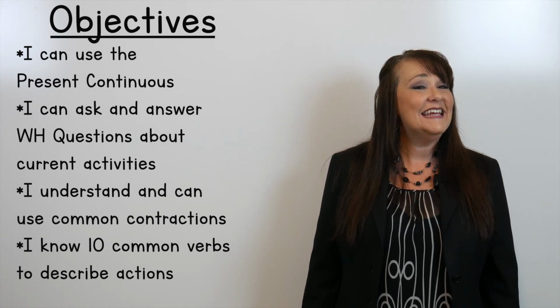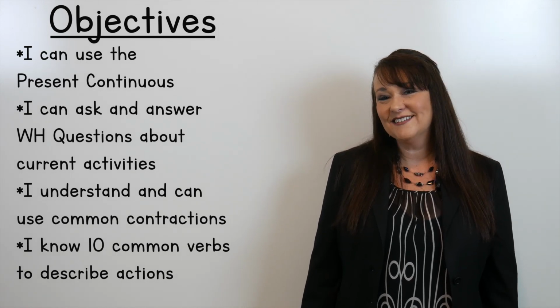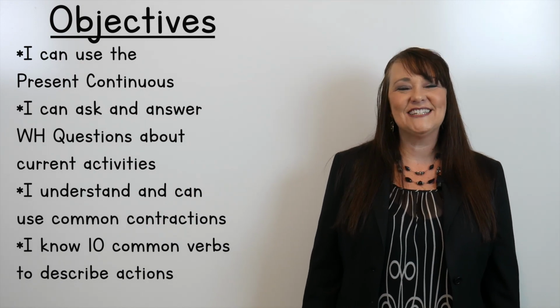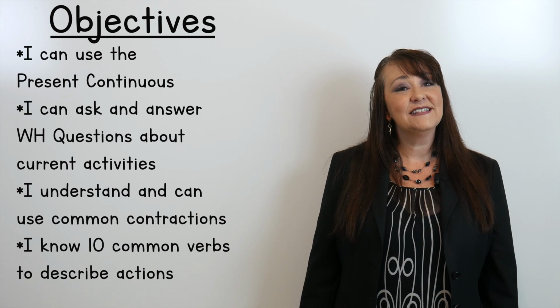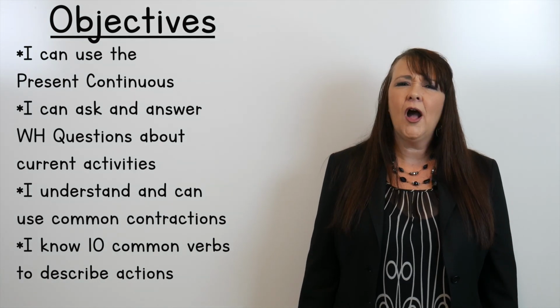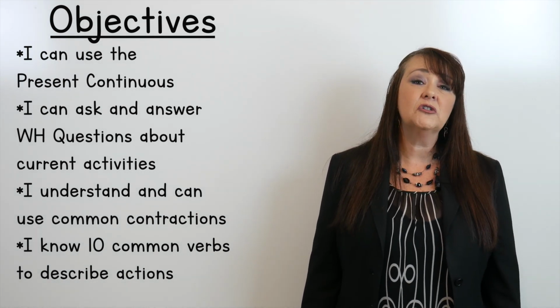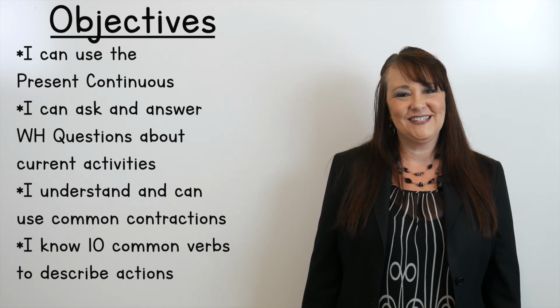I'm, he's, she's. We practiced that too. And the last objective says, I know 10 common verbs to describe actions. Those were the pictures that we saw. Now remember, you can always go and watch the video again and even practice more if you'd like.